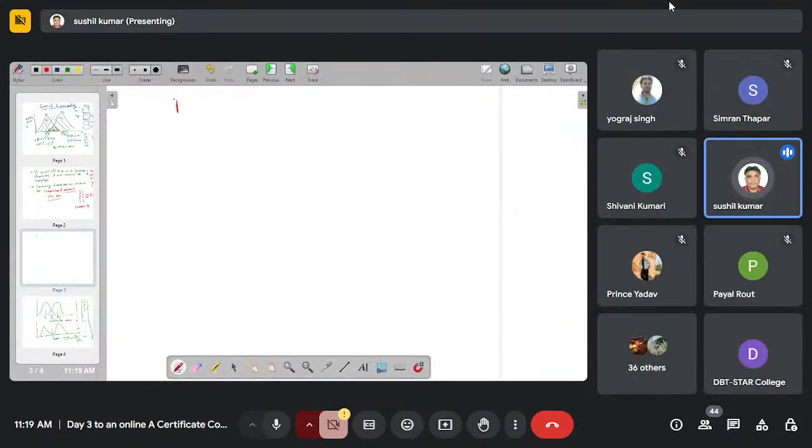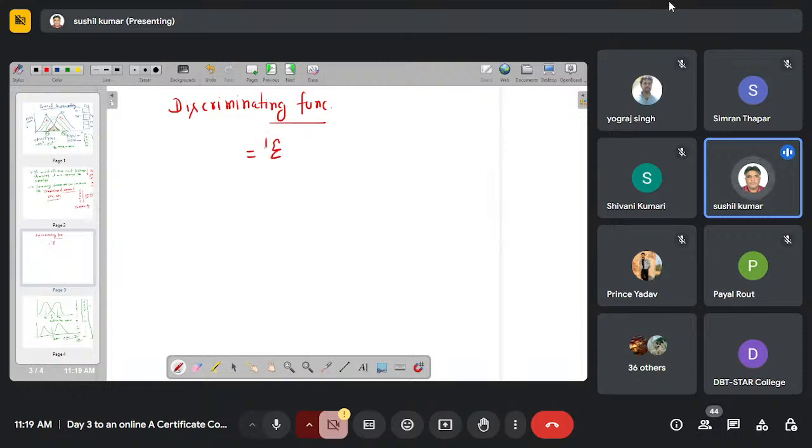The discriminating function here, when you are using it, what will be the discriminating function is, it will be like this.